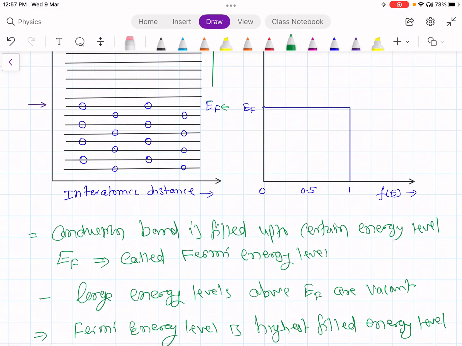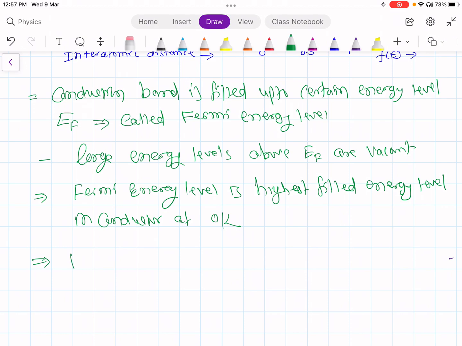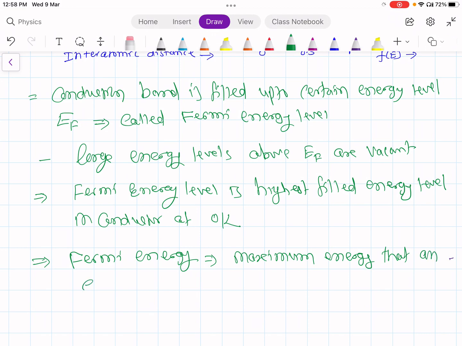This EF energy level has the maximum energy which is occupied by an electron.